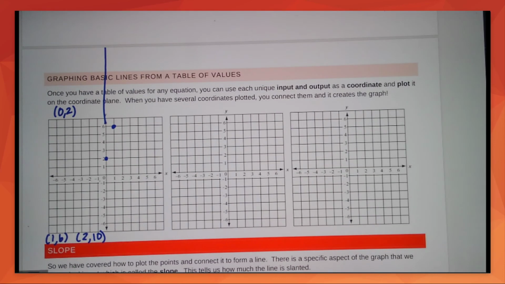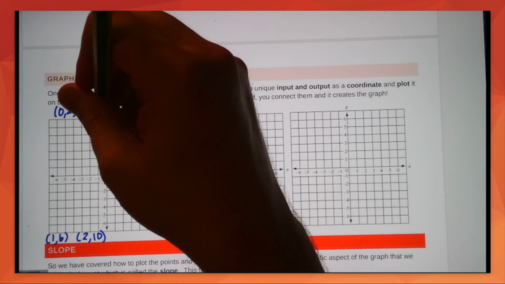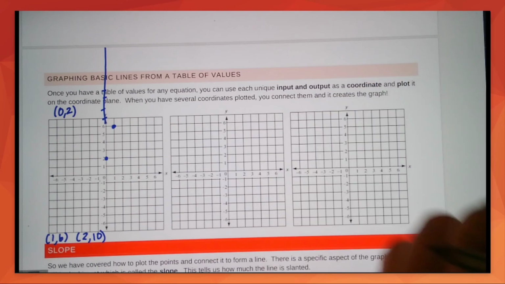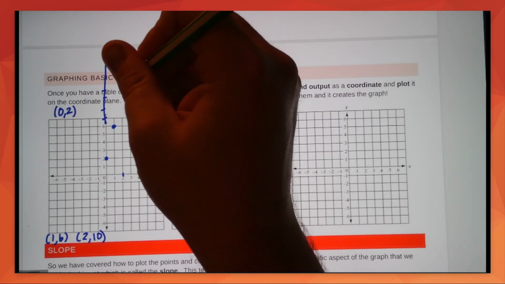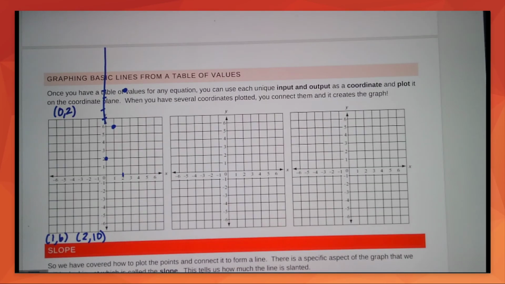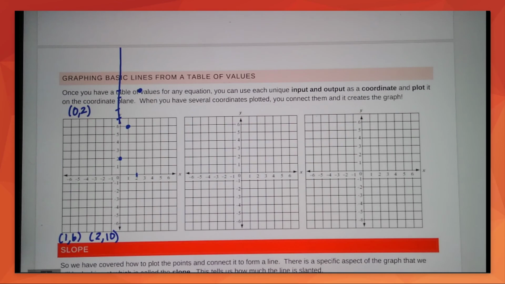So this would be 7, 8, 9, approximately 10. So it would be 2, and then I would be all the way up here at 10. Now that's off the graph. That's what we call it when it spills off of the coordinate grid that we have. But it's fine for the purposes of this example. So that's the 3 points.